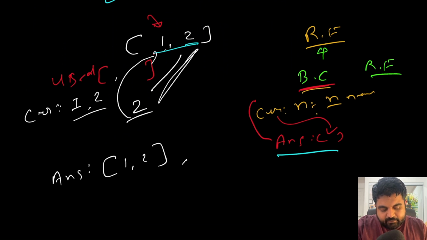During the backtrack call, I mark 1 as not being used and 2 as not being used, and then I iterate over the given input in this fashion. I already took care of this element, and now I start taking care of this element. So now I have 2 as being used. Now I have a new current instance where I start the path from 2, and I go down to the next path.